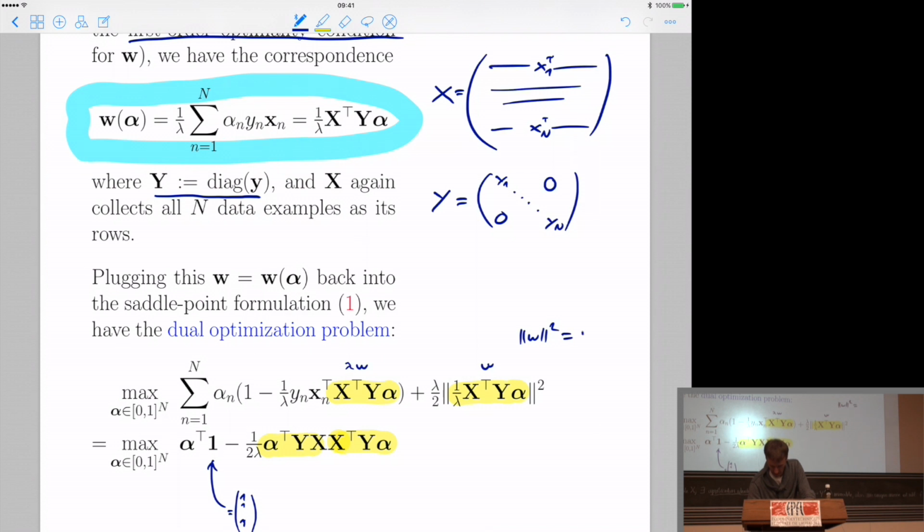This is the same as W transpose W. And in the next line, I've written everything in transpose form, right? The vector transposed itself. So this thing is W, and this thing here is W transpose. That's the idea. I ignore the lambdas now, but you can take care of them.